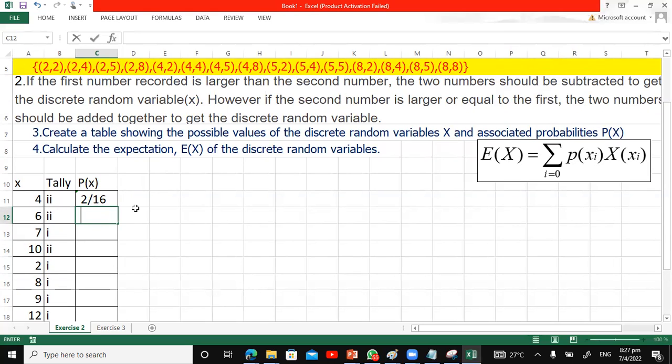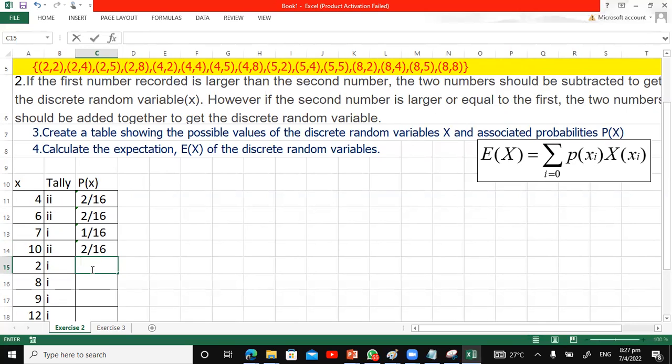We have seen 6 2 times, so the probability is going to be 2 out of 16. Probability of 7 is going to be 1 out of 16. Probability of 10 is going to be 2 out of 16.